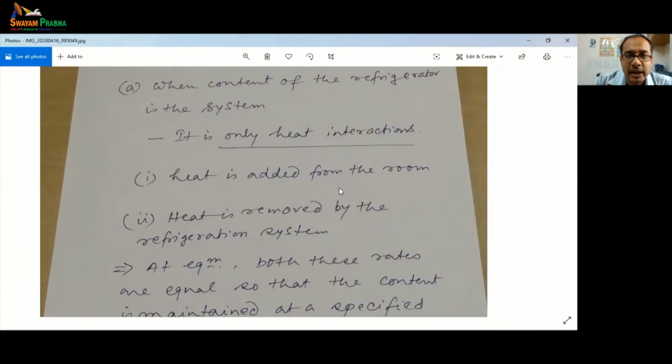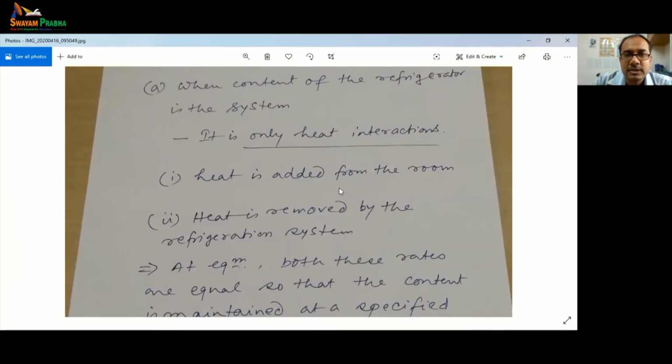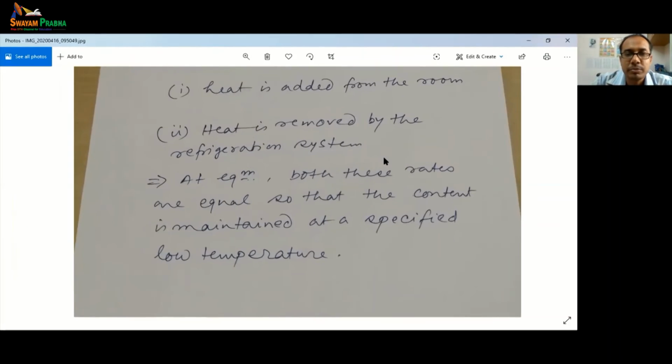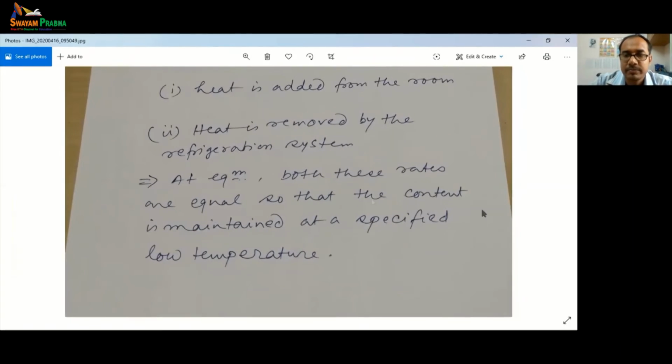Okay, so again, when the content is the system, it is only the heat interaction, and either heat is getting added from the room or it is getting removed by the refrigeration system.